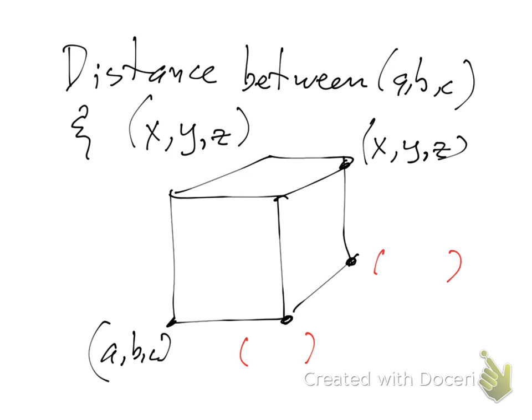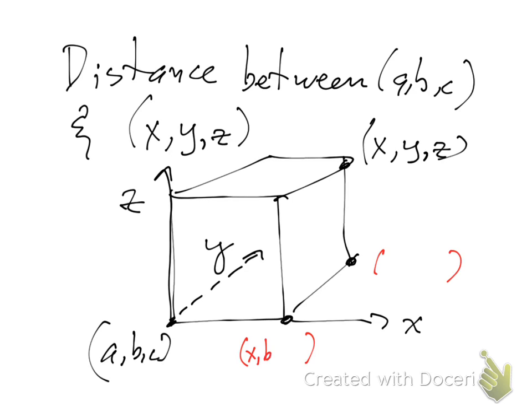I gotta declare some directions. So let's say that to the right is X, as we've been doing, into the back of the paper is Y, and straight up is Z. So the only thing that changes from a, b, c to this first point here is the X coordinate, because we're moving on the X axis. So this must be x, b, c, which means this must be x, y, c, which means this must be x, y, z.